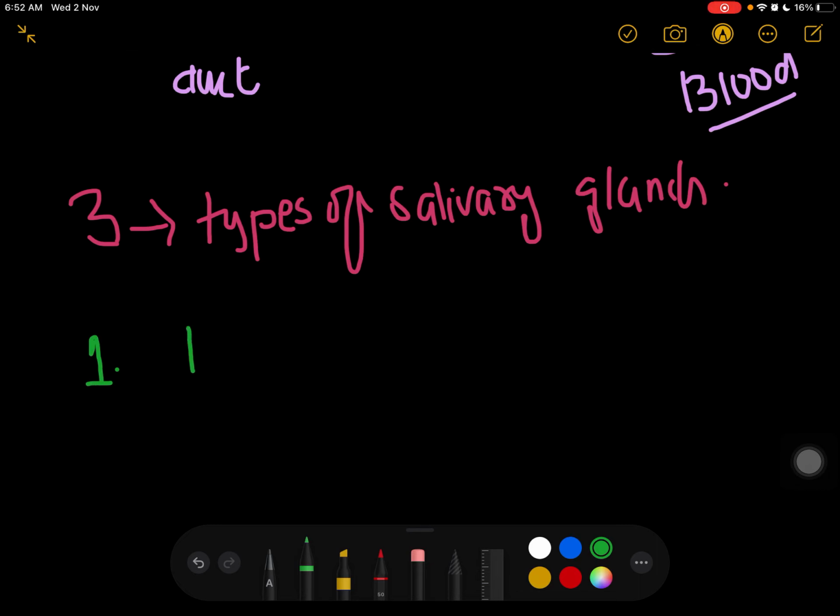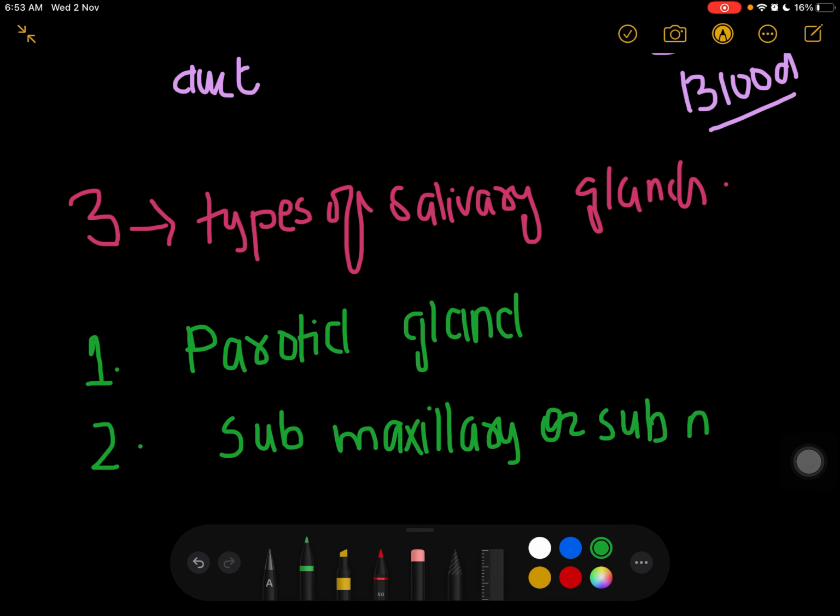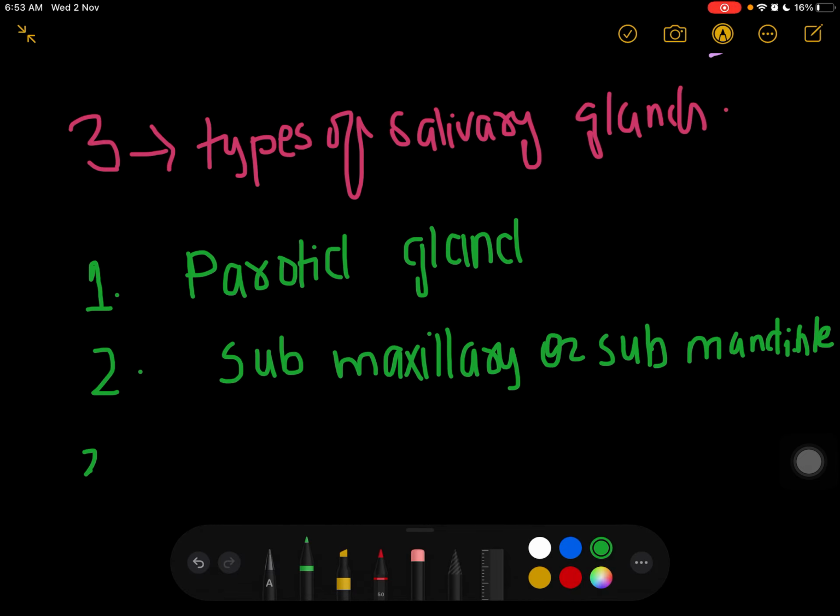The first is known as the parotid gland. Number two is the submaxillary or submandibular salivary gland.